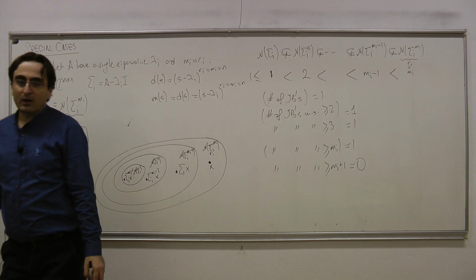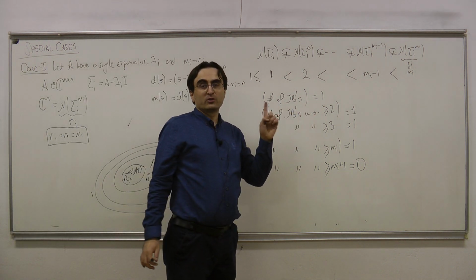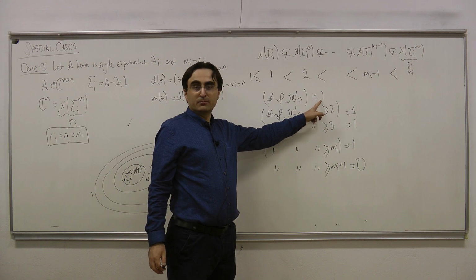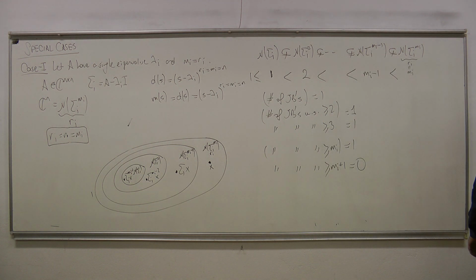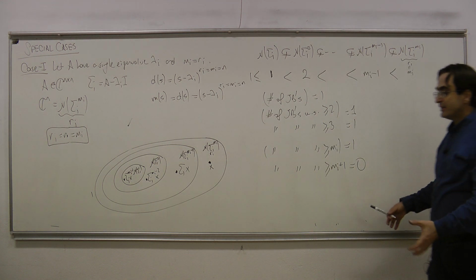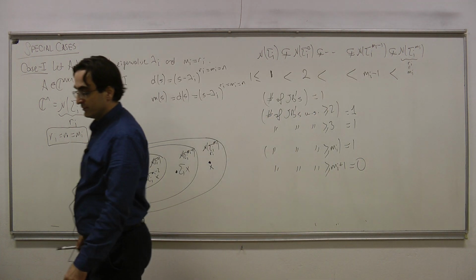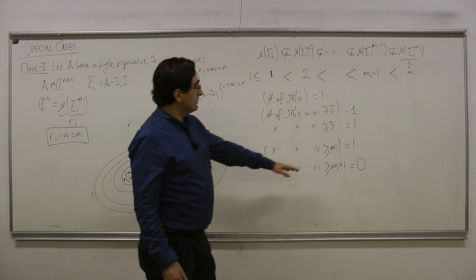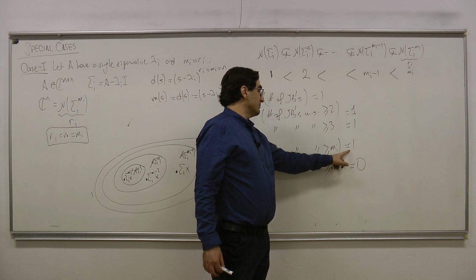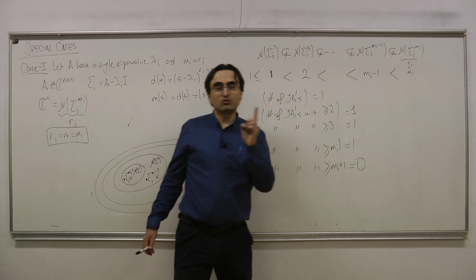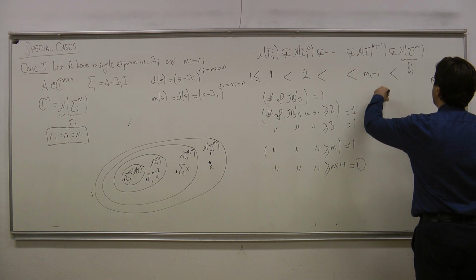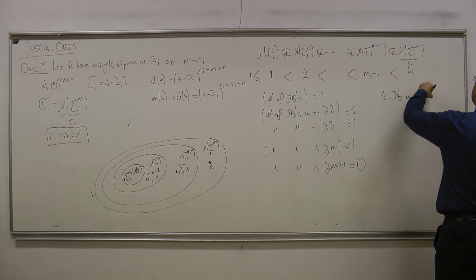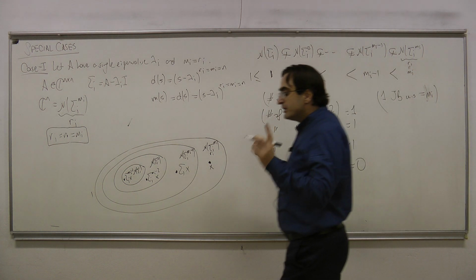Now there is only a single Jordan block, and what is its size in this case? I know that if this number is 0 and this number is 1, then there should be one Jordan block with size equal to mi. So in this case, one Jordan block with size equal to mi for lambda I. There is only a single Jordan block.